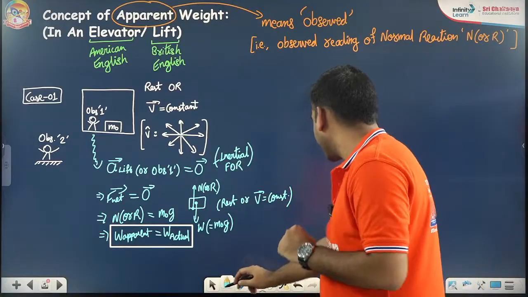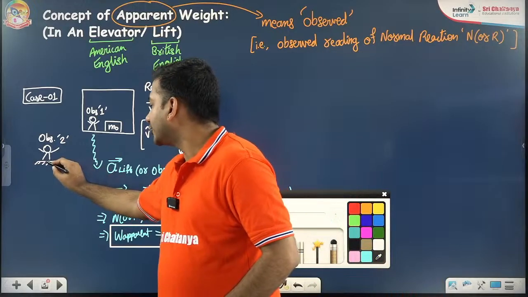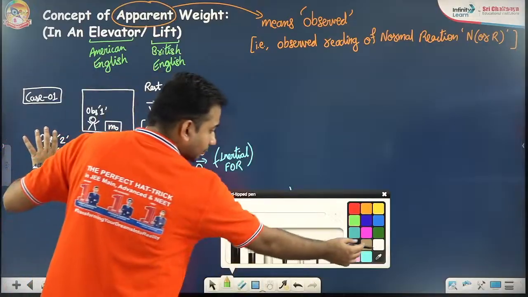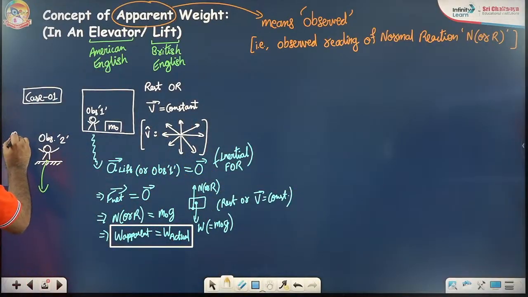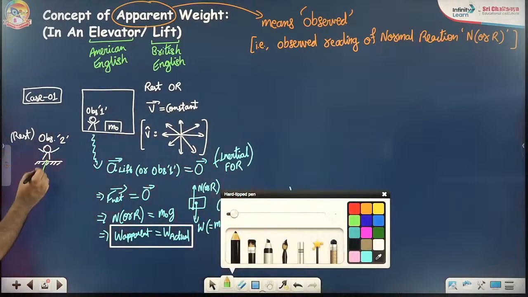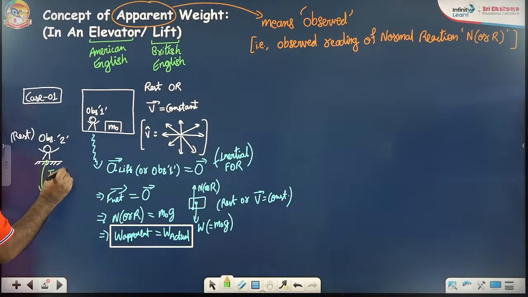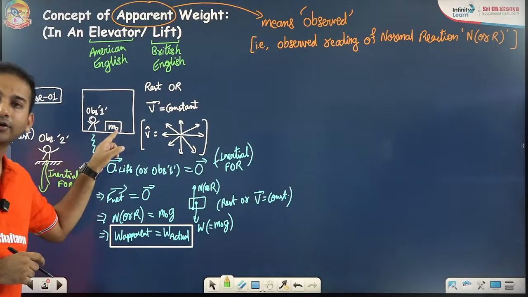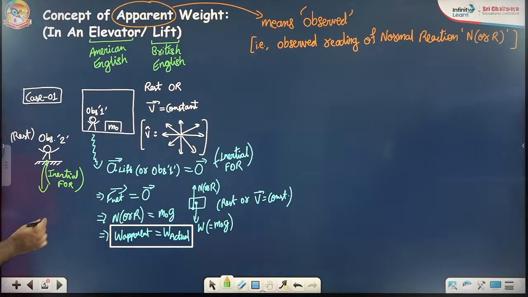Now if I talk about observer 2, who is already at rest on the ground, it is by default an inertial frame of reference. So again you will see the forces acting on the block and apply Newton's second law.